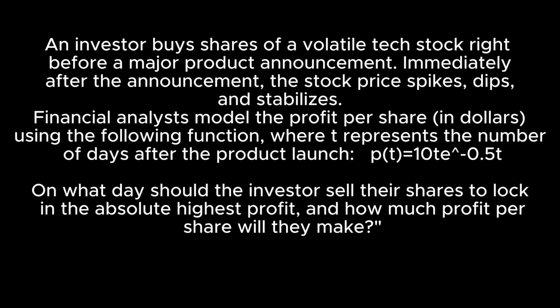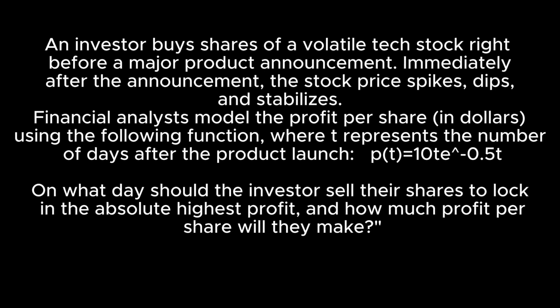An investor buys shares of a volatile tech stock right before a major product announcement. Immediately after the announcement, the stock price spikes, dips, and stabilizes. Financial analysts modeled the profit per share using the following function, where t represents the number of days after the product launch.